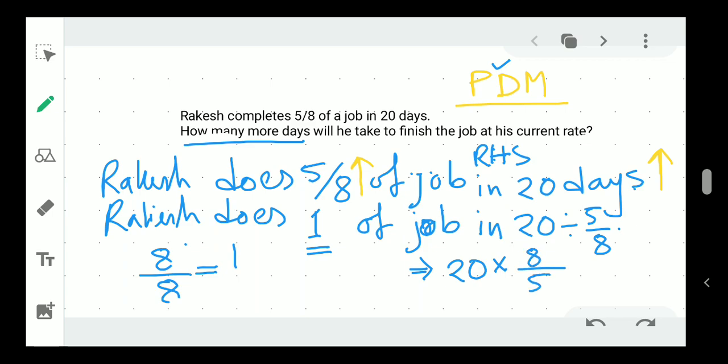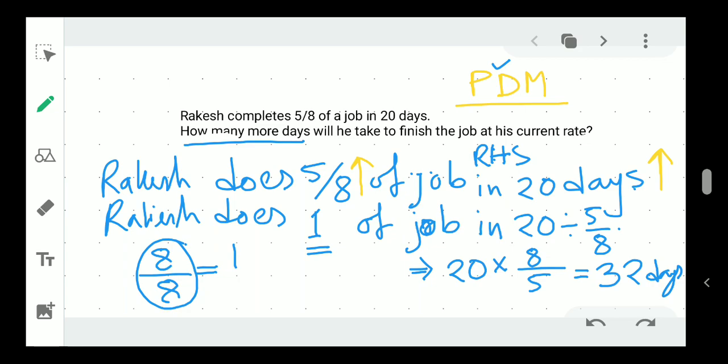And now we can do cancellation, and we can get the answer to be 32 days. So I have gotten the answer, that is Rakesh will do 8 out of 8 job in 32 days.